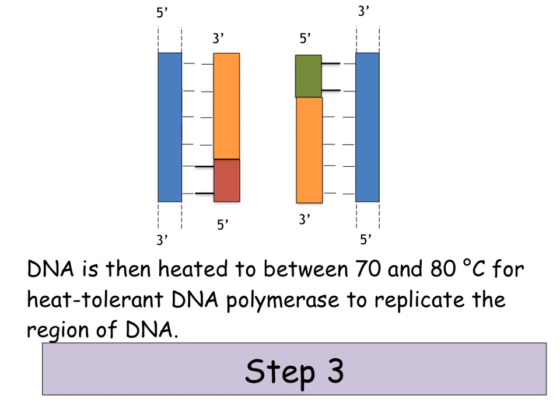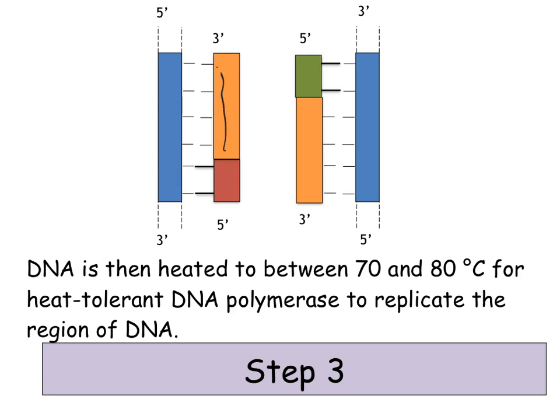Then what happens is the DNA is heated up to between 70 and 80 degrees Celsius, and a heat-tolerant DNA polymerase is used to replicate the region of DNA. If you remember from our DNA replication video before, the DNA polymerase adds complementary nucleotides on at the 3' end.